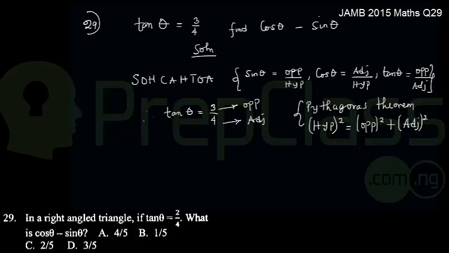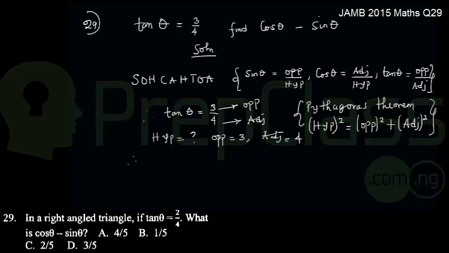That means the hypotenuse all squared will be equal to the opposite square plus adjacent square. Because the hypotenuse of this particular triangle is needed, and I know my opposite as 3 and my adjacent as 4, we use Pythagoras' theorem.